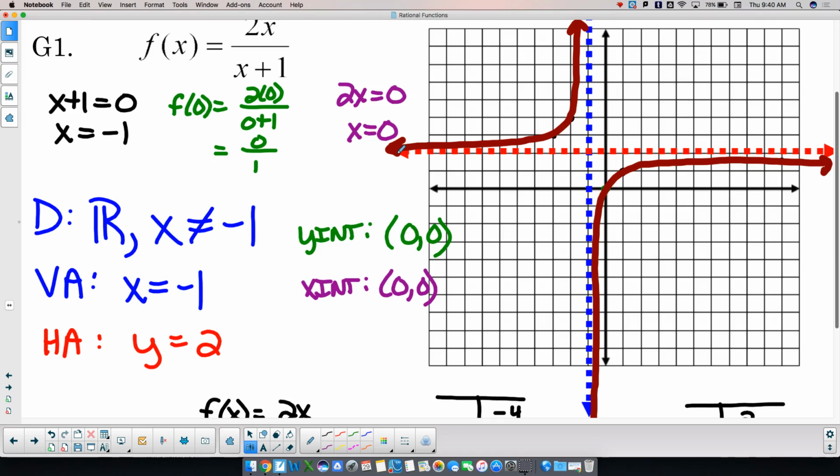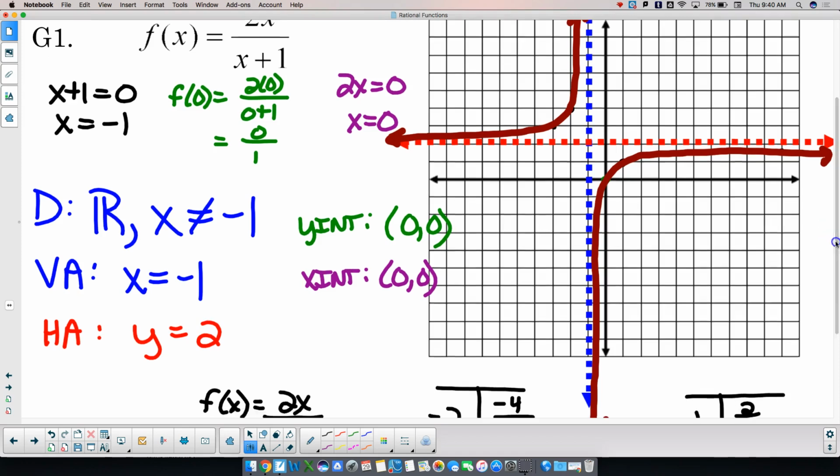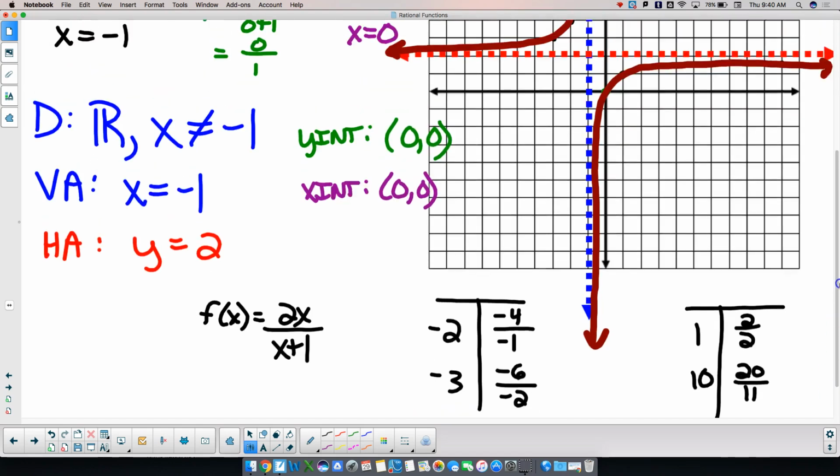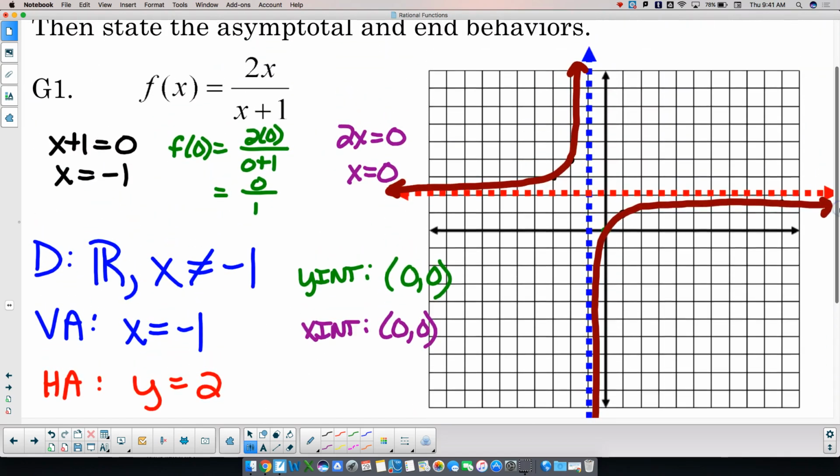So now, based off of that picture, does everybody have that picture on their graph? Okay, because I'm going to write, and I don't want to write over all the graph stuff. Actually, no, I will do that. I will write it over all the graph stuff. So what this is saying now is now I need my end behavior and my asymptotal behavior, right? So right here, this is my end behavior for the left side.